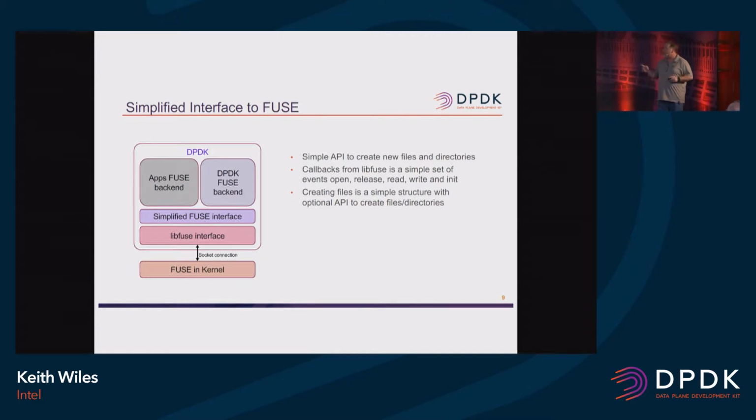So what we're going to try to do here is take a DPDK application, and right now I'm just dealing with DPDK. We'll set up this libfuse interface that connects to the kernel, which is a socket interface, and then we have the simplified Fuse interface that I created. I stole a lot of stuff from the command line interface that I had, because I already had nodes and inodes and that kind of concept, and directory paths in that code.